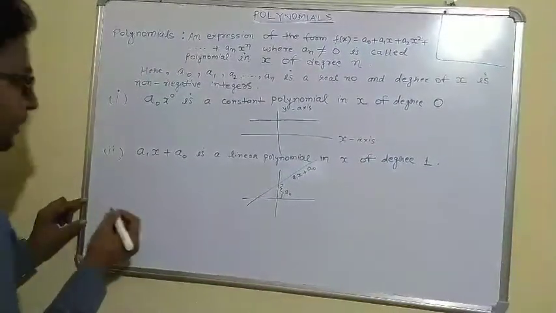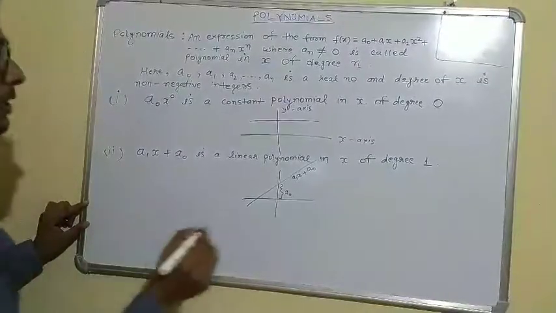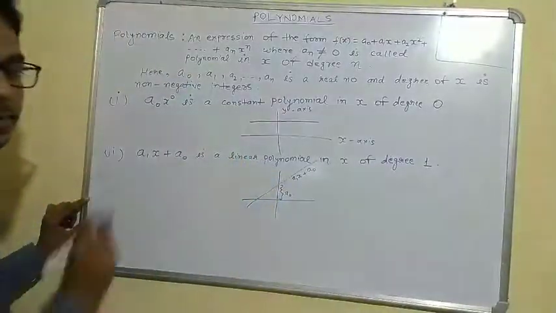Now third is the quadratic polynomial. Here the degree is 1, so it is a linear polynomial.